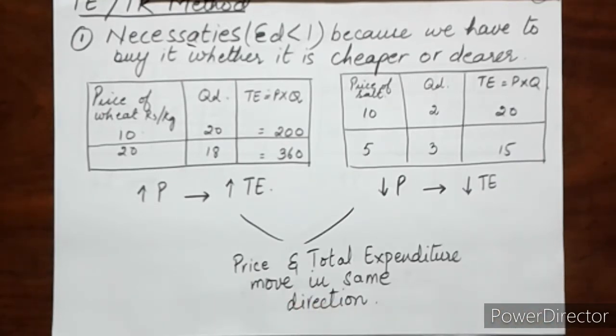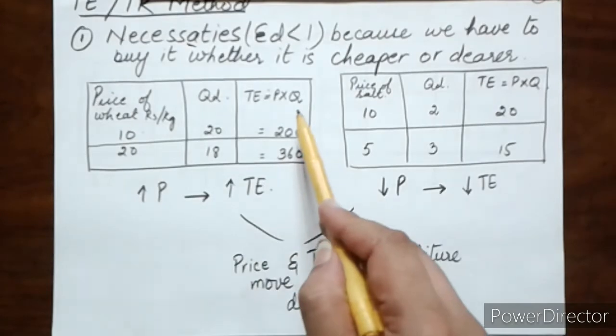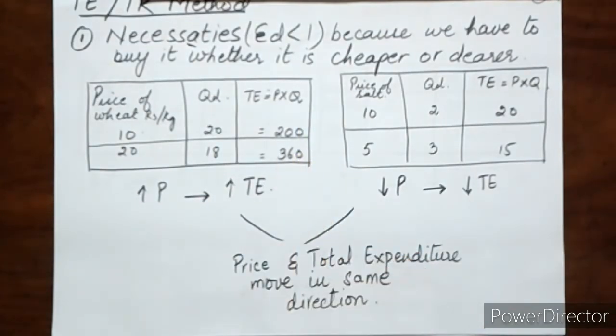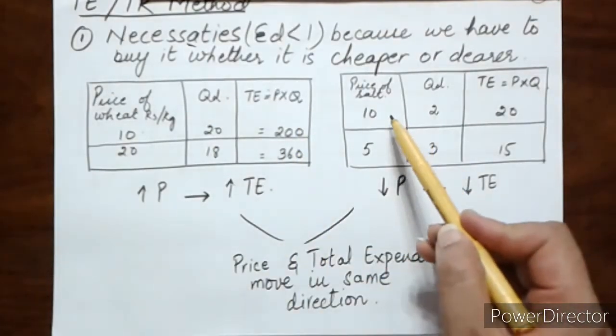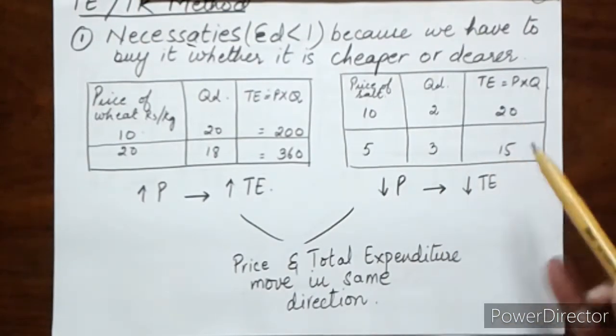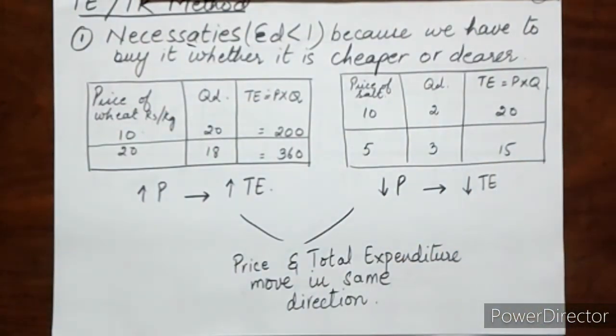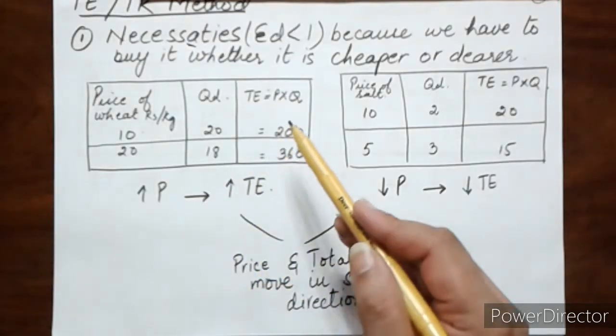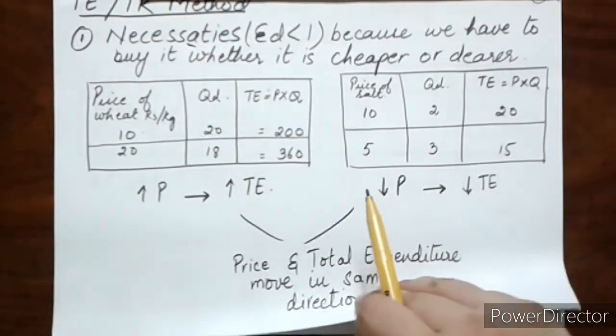So just by looking at the direction of total expenditure, we can tell whether it's a necessity or a luxury. If price rises, expenditure rises, it's a necessity. If price falls, expenditure also falls, that is a necessity. This is how we measure price elasticity of demand through total expenditure or total revenue.